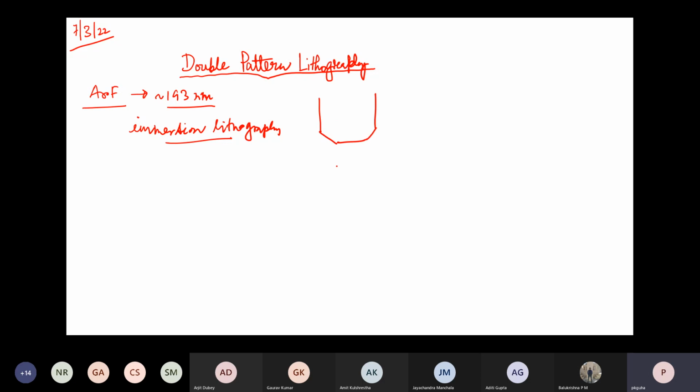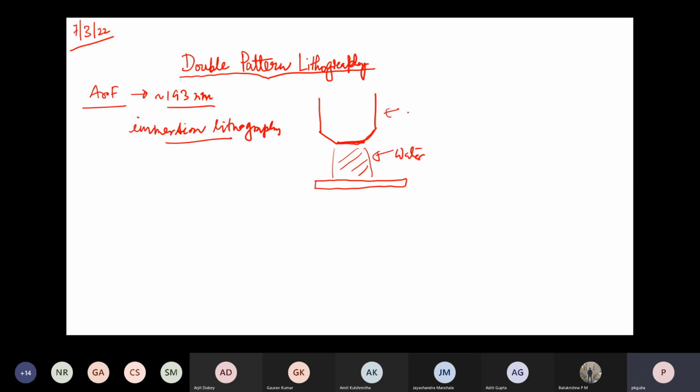There is a lens system and of course a substrate, and in between this lens and substrate you put water, so you have a column of water instead of air.